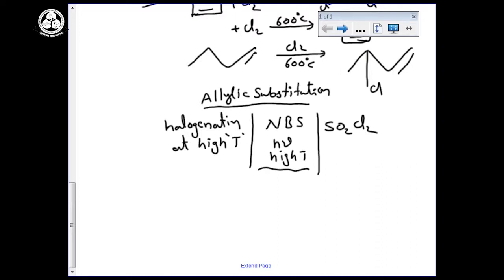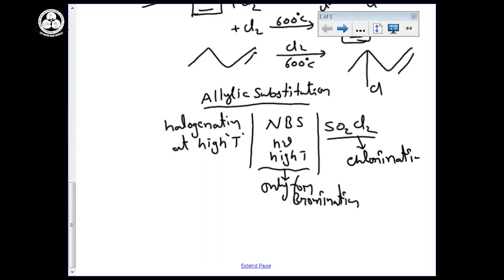NBS is only for bromination. SO2Cl2, sulfonyl chloride, is only for chlorination.